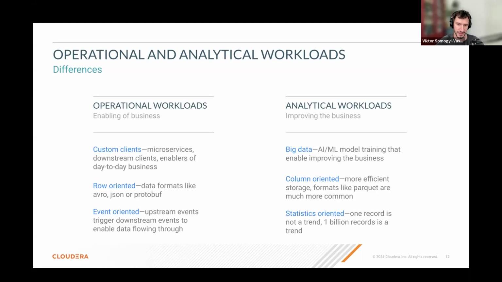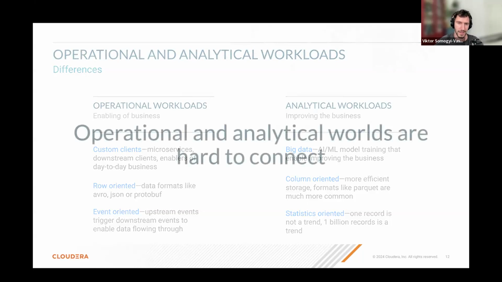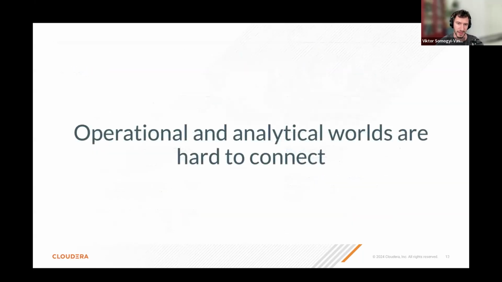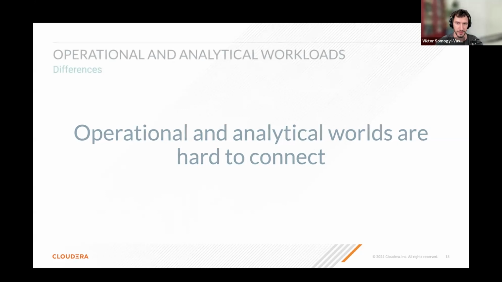One record is not a trend, one record doesn't matter, but 1 billion records matter, and what they show you matters. Connecting them, therefore, is hard. You have different formats, as I mentioned. You have different mindsets, and what you would do is really different in the two sides of the world.